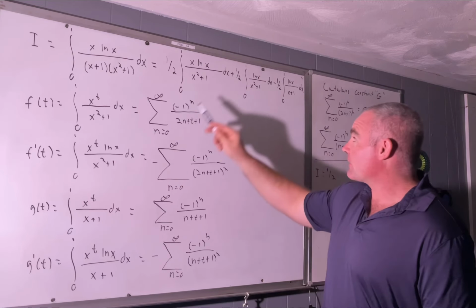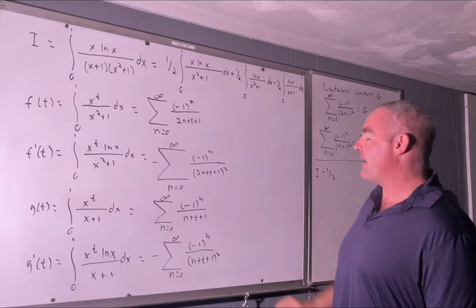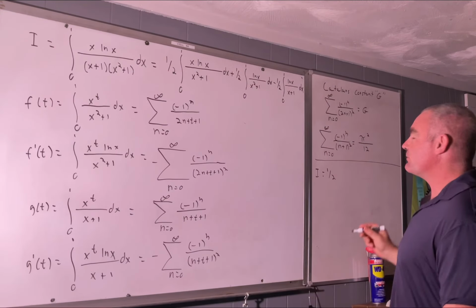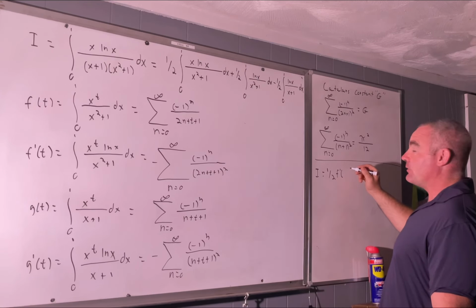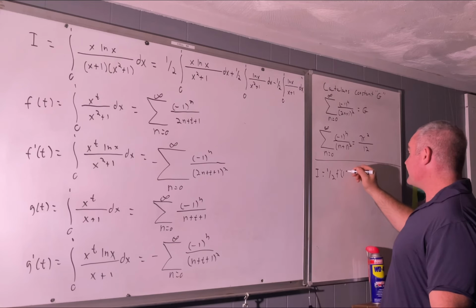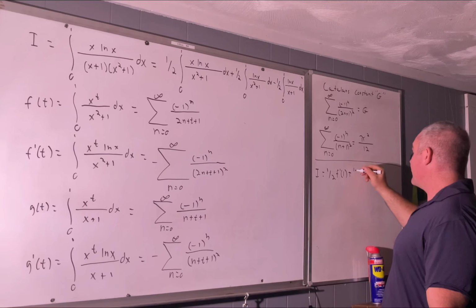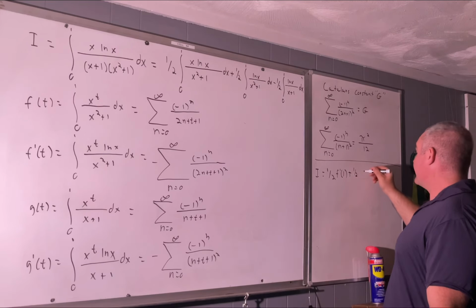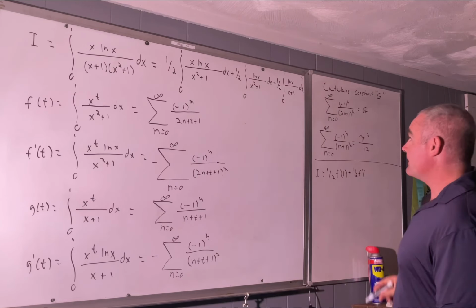And we'd recover this entire thing, with the exclusion of this 1/2. So we can say that I is equal to 1/2 of our f prime evaluated at the point t equal to 1, plus 1/2 of our f prime at the point t equal to 0, because x to the 0 is 1.